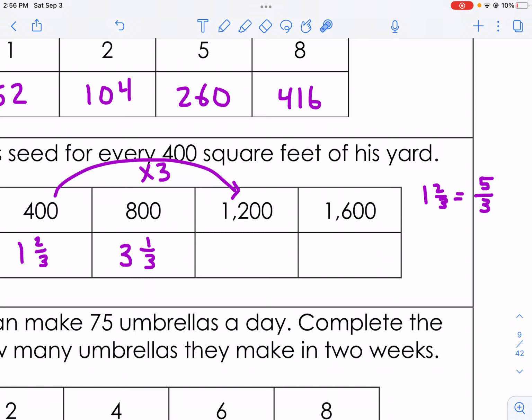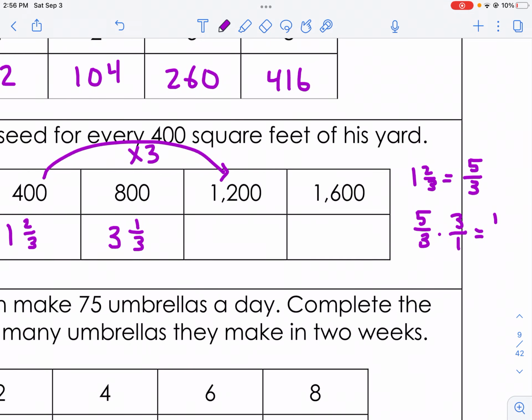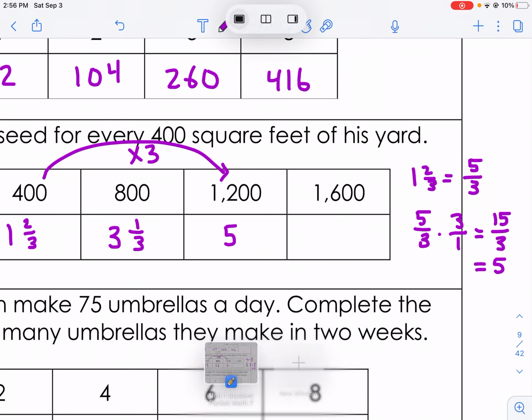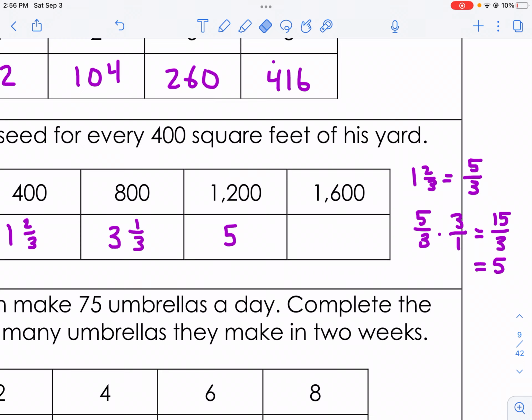Now let me take that 5/3 and multiply it times 3, which is really 3 over 1. If I do that, I get 15 over 3, but 15 divided by 3 is just 5. So 1 2/3 times 3 is actually 5. So no decimal or fraction there, which is kind of nice.